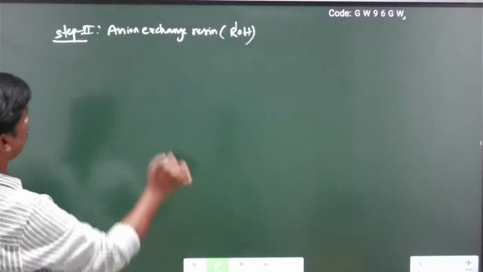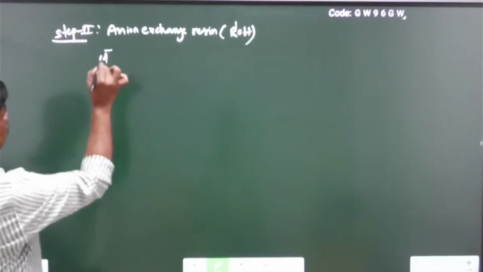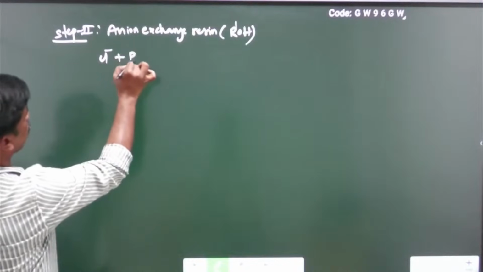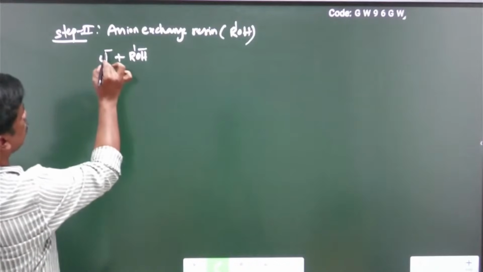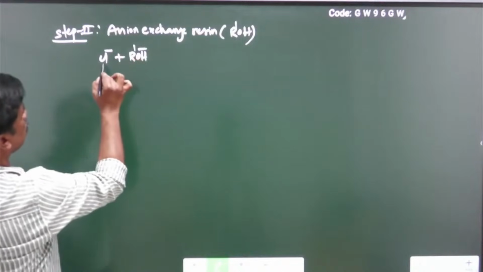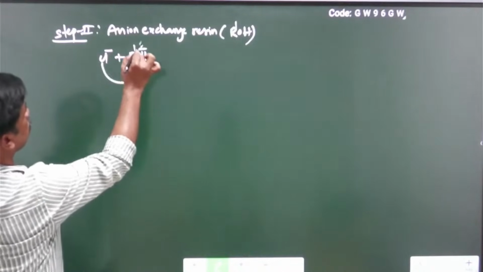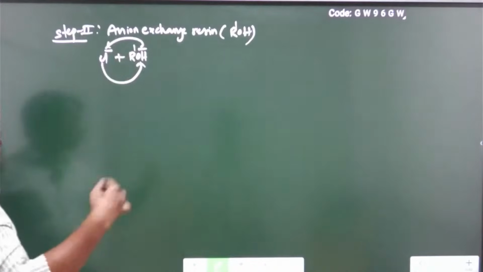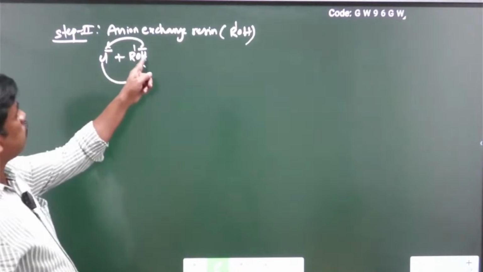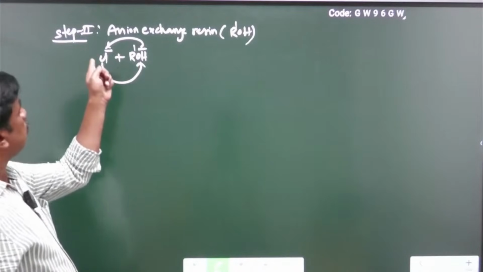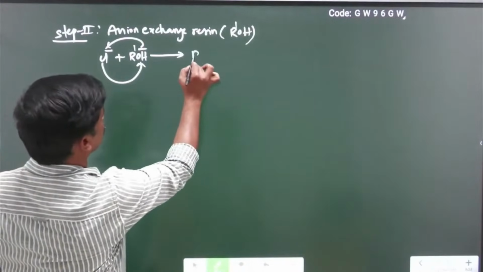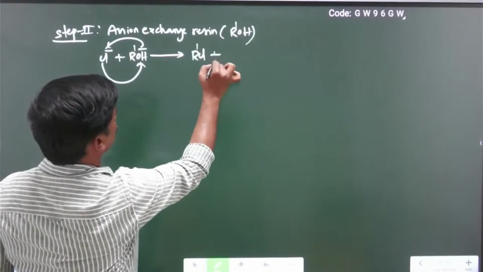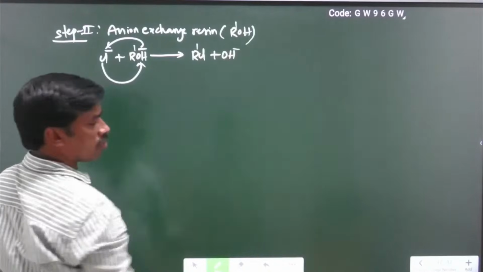For example, in this case, a chloride anion combines with R-OH. In this, OH is minus, and this is minus. This minus comes in this place, and this minus comes in this place. A mutual exchange: this OH minus goes out, Cl minus comes here, and R-Cl forms and OH minus separates.